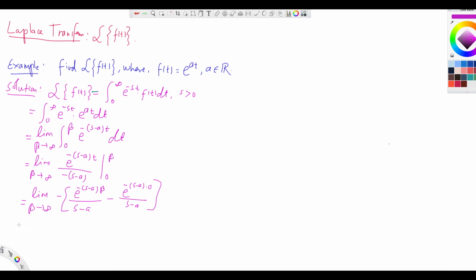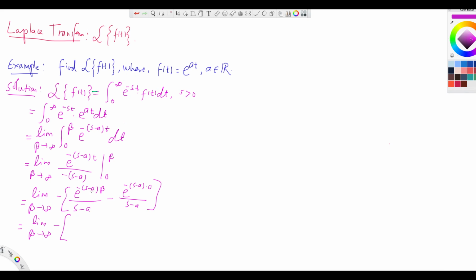So what you get is the limit as beta tends to infinity, with a negative sign. Since this value is negative, what do we get? Suppose that this value is positive, that is, s is greater than a.